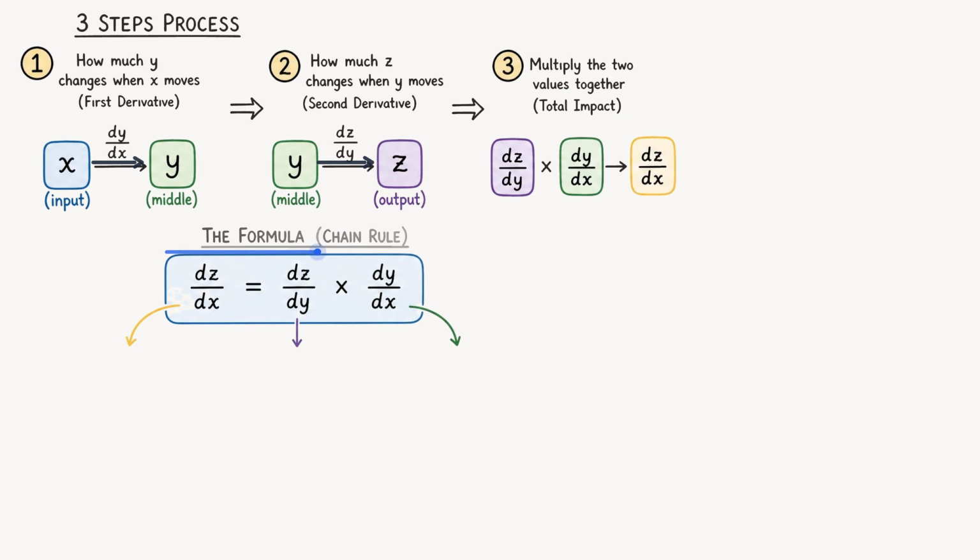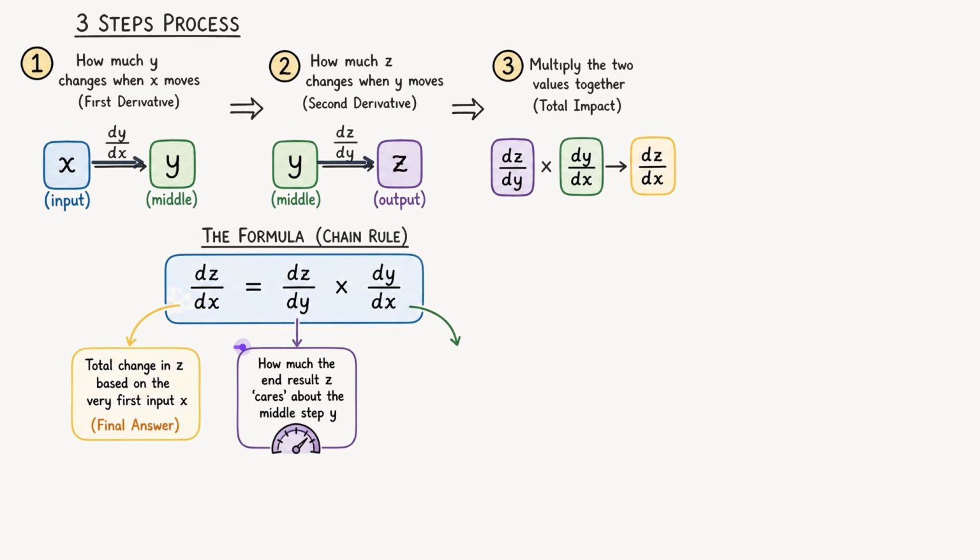Let's look at the core formula for the chain rule right here in the center to see how this pieces together. The term on the left, dz over dx, is what we ultimately want to find. As outlined below, it represents the total change in the end result, z, based on the very first input, x. This is your final answer. Moving to the right side of the equal sign, the first term is dz over dy. What does that actually mean?